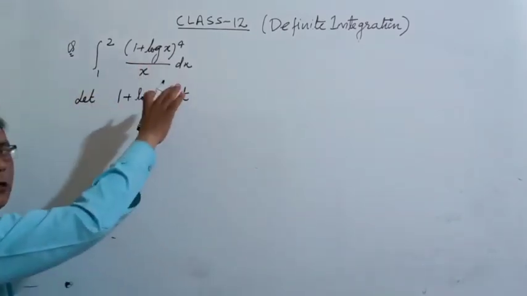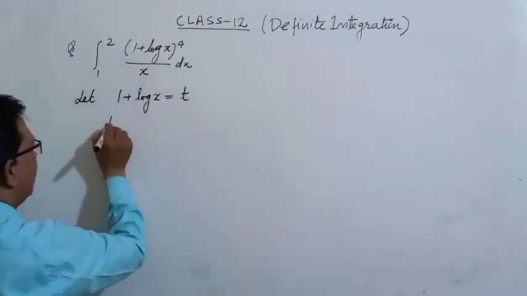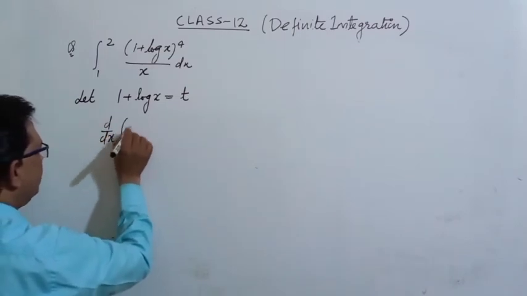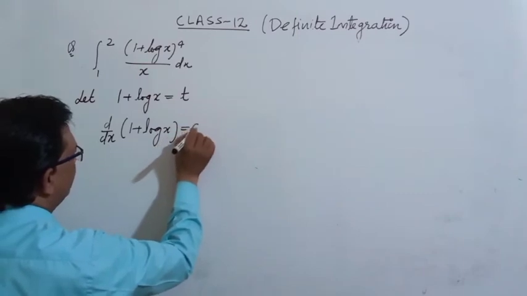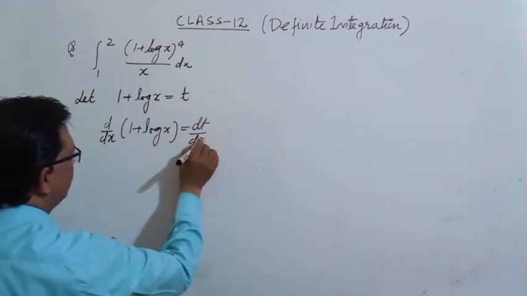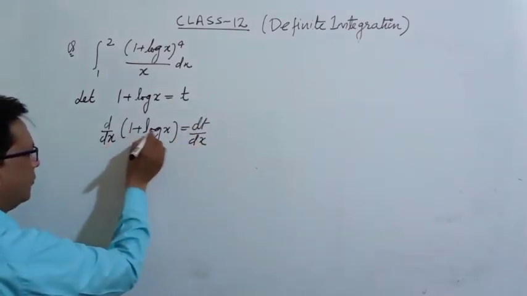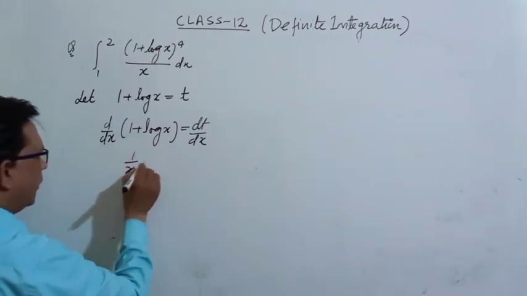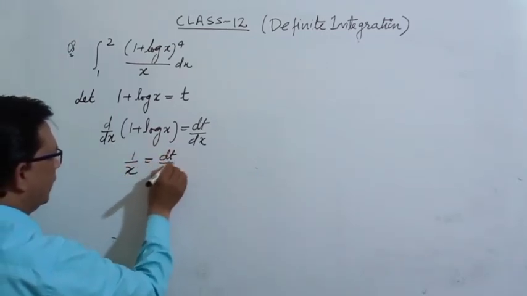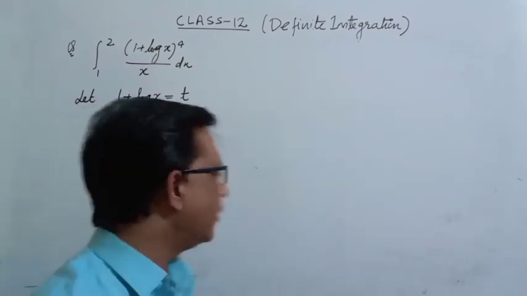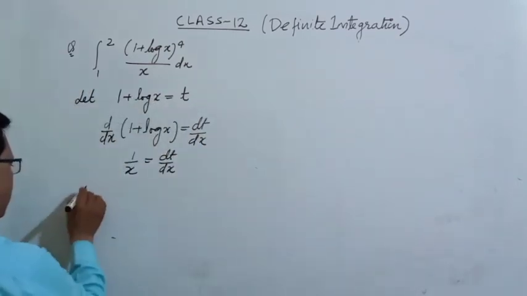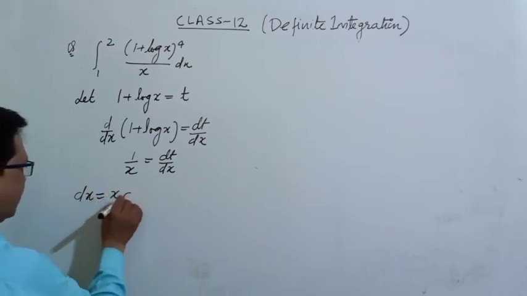Now differentiate the whole function. So d by dx of 1 plus log x is equal to dt by dx. Now this becomes 0 and the derivative of log x is 1 by x, equal to dt by dx. From here we find the value of dx, so dx is equal to x dt.